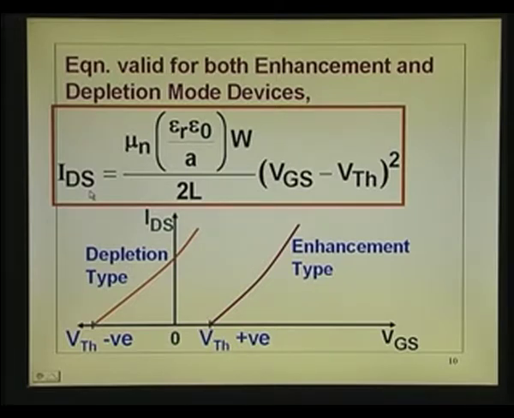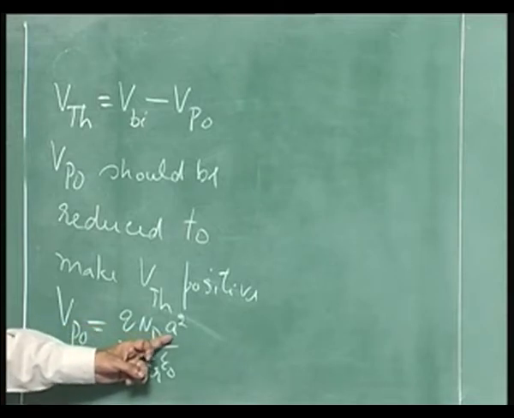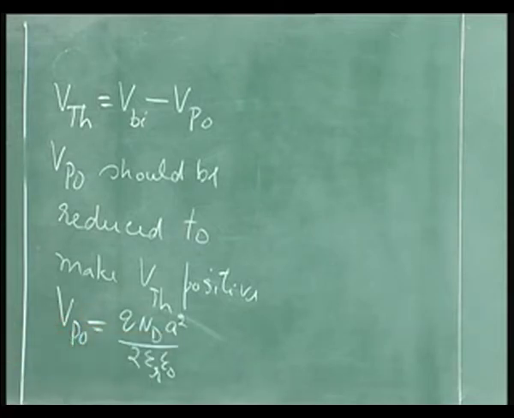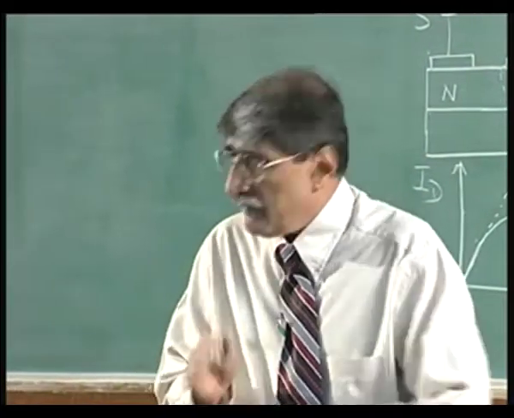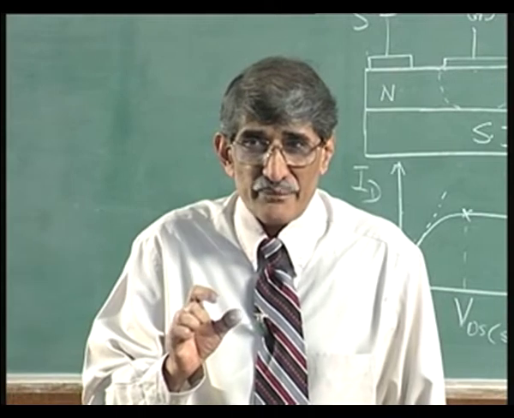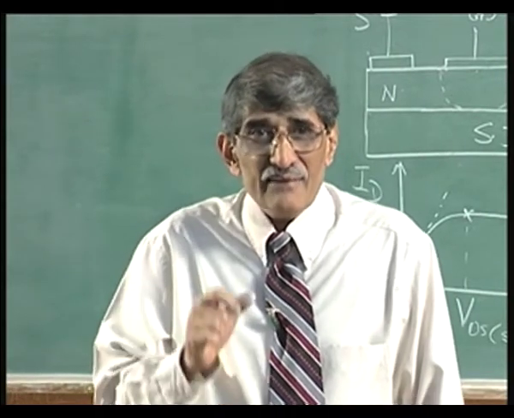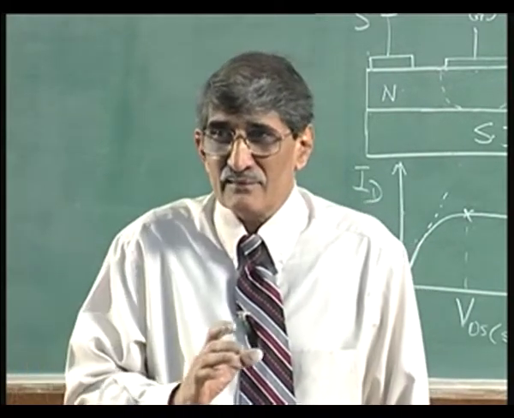So, to get a better transconductance device, you would prefer to reduce A if you want to reduce P p 0. That is how it is done. We will have a better occasion to look into this a little later when we talk of short channel devices. There again we will think of looking into this A reduction.